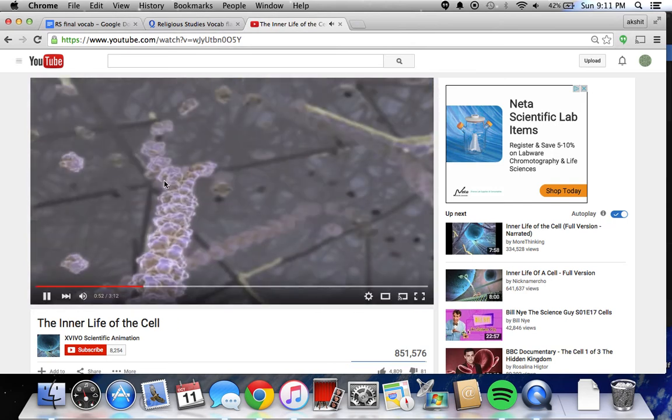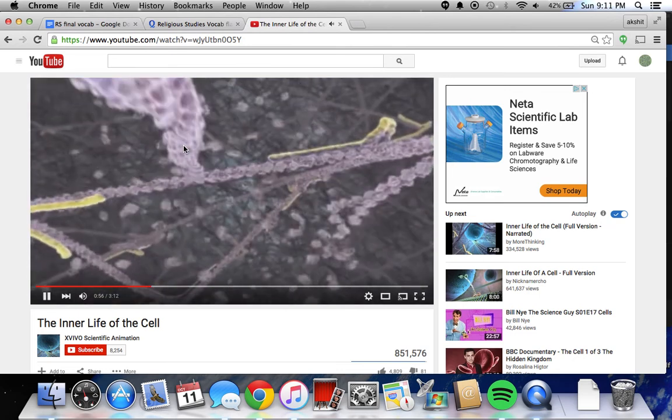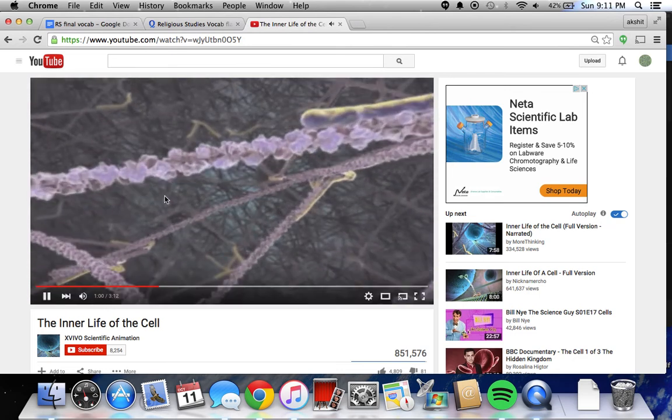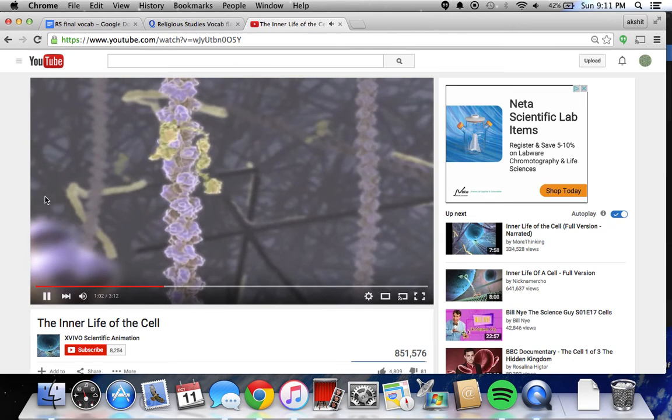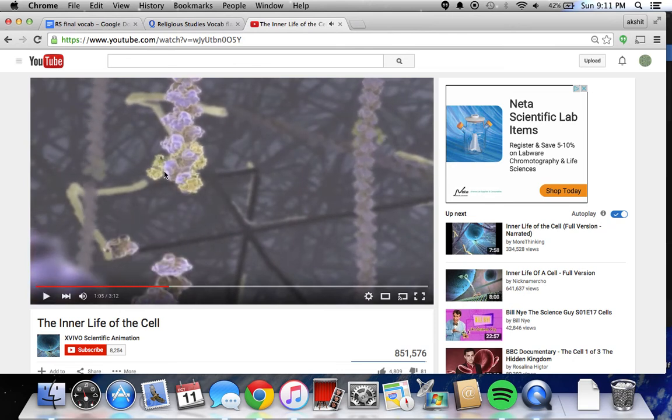Here you see a cytoskeleton being formed out of actin again. And here is a protein, an enzyme that helps break the cytoskeleton apart.